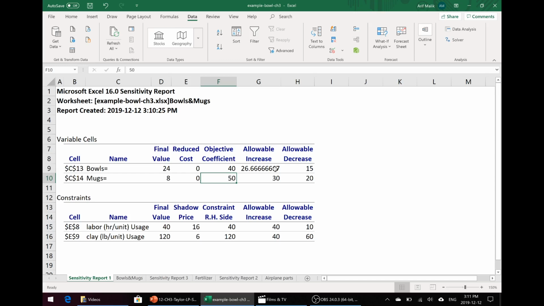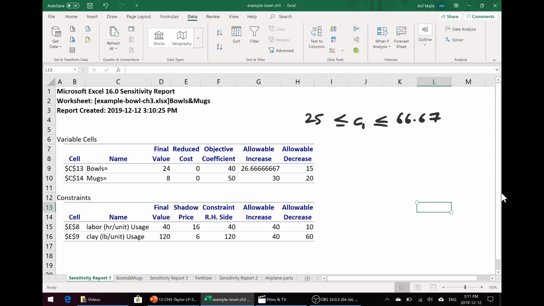This is the allowable increase and allowable decrease. We have seen that earlier, I just put it again here. You can see that C1 upper limit is 66.67 and the lower limit is 25.